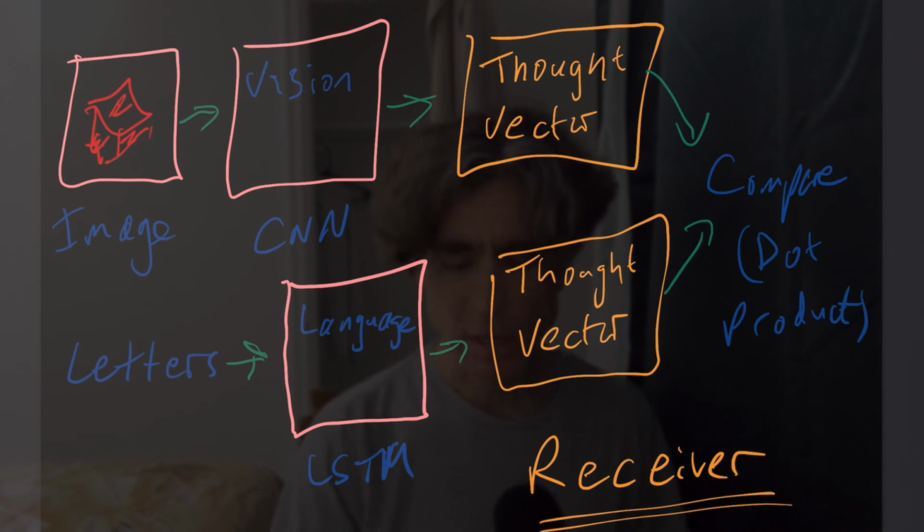The receiver takes each image, passes it through the vision module, the CNN, to get a thought vector, and then compares that thought vector with the thought vector from the utterance received from the sender. Whichever image has the highest similarity with the language thought vector, that's the image the receiver is going to choose.